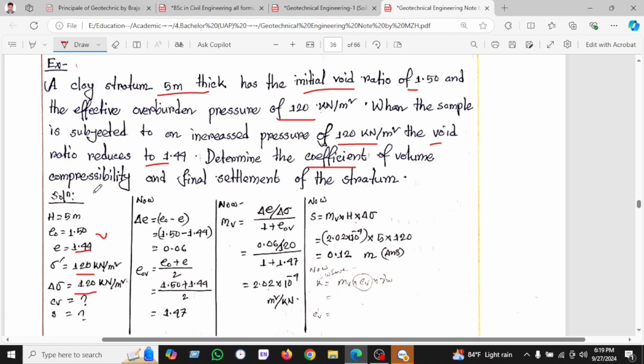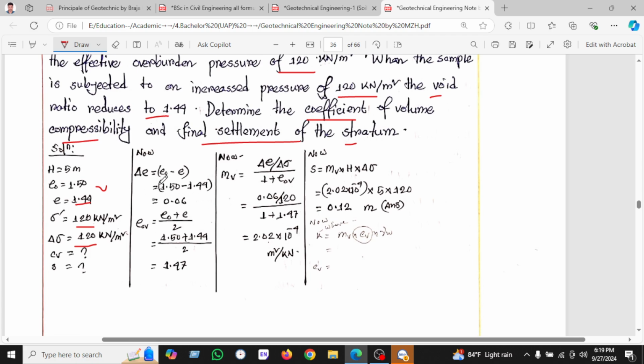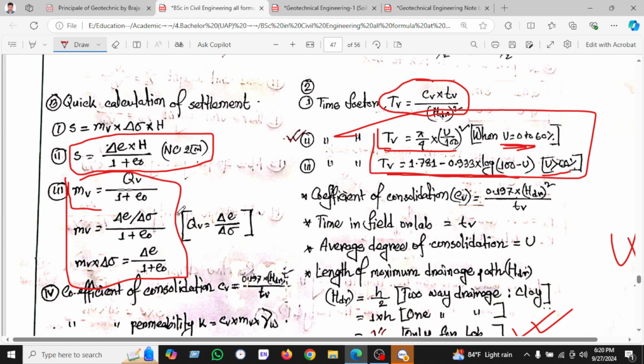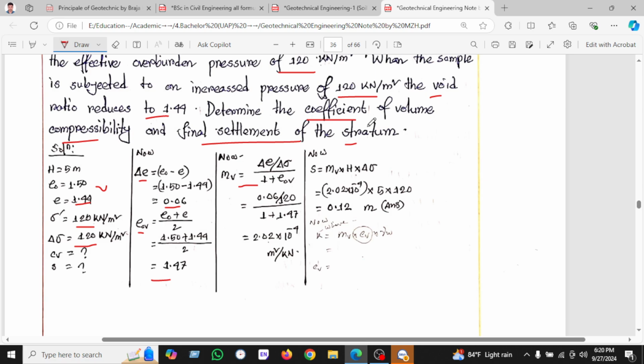Determine the coefficient of compressibility and final settlement of the stratum. So del e, we know e naught minus e, so we found del e 0.06. Then for Mv, we take the average, 1.47, and use the Mv formula from the formula sheet and find this value.